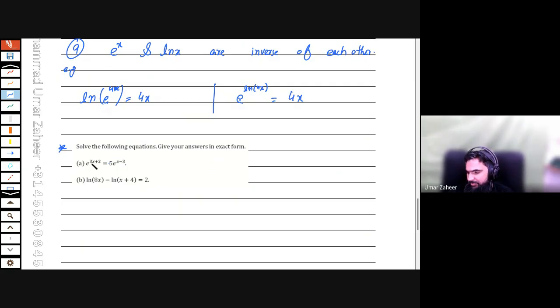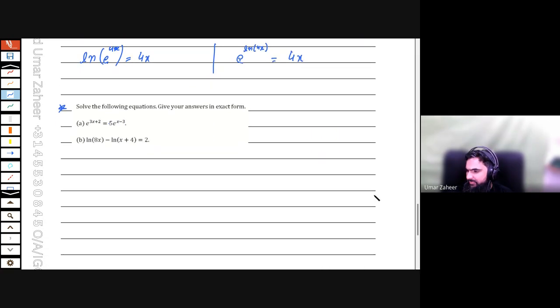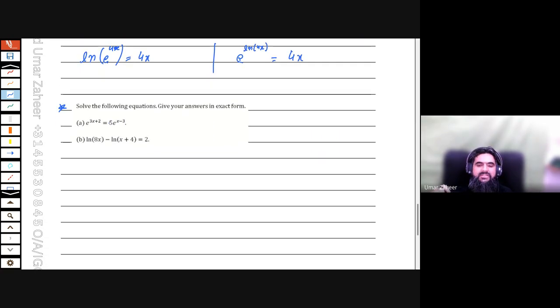We have e raised to power 3x plus 2 is equal to 5 e raised to power x minus 3. So we want to solve it. This means that we need to find the value of x.